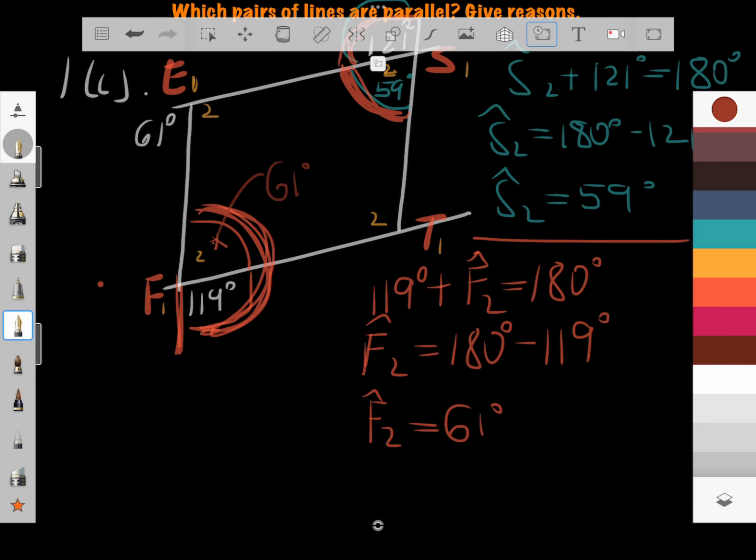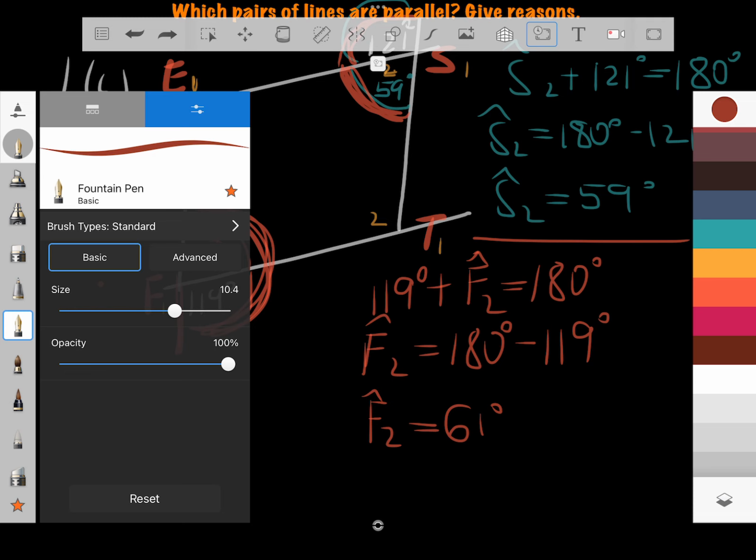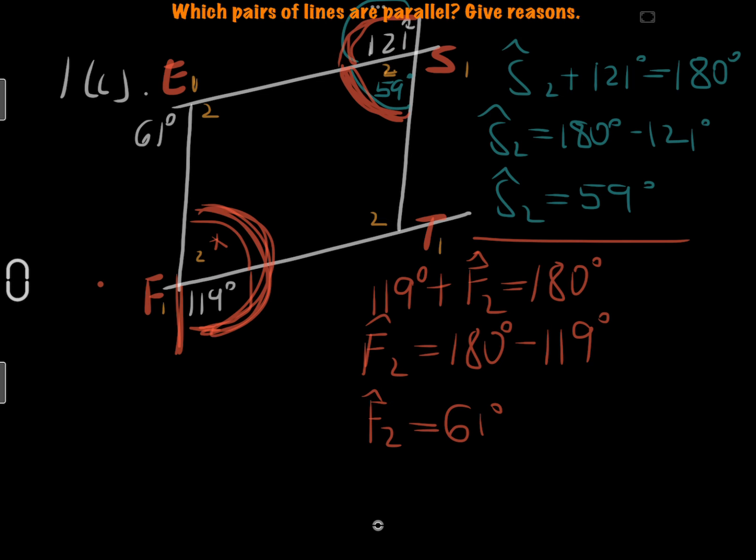In fact, let me highlight this properly so that we see exactly what it is that you are working with. This is the color. So we have an angle of 61 degrees here. This is 61 degrees.